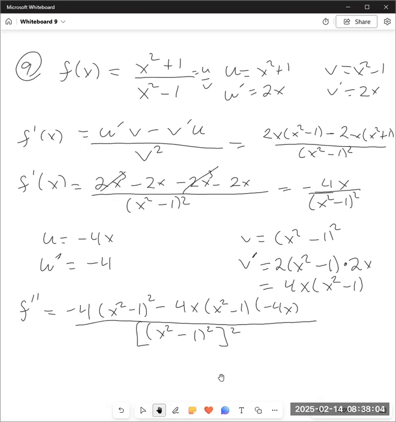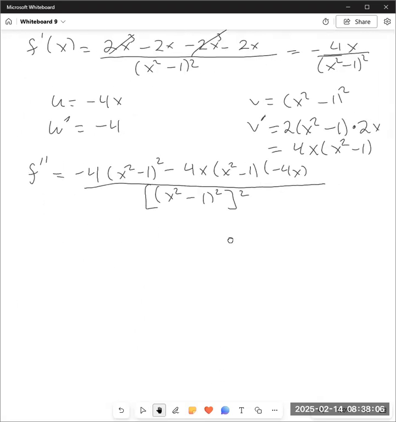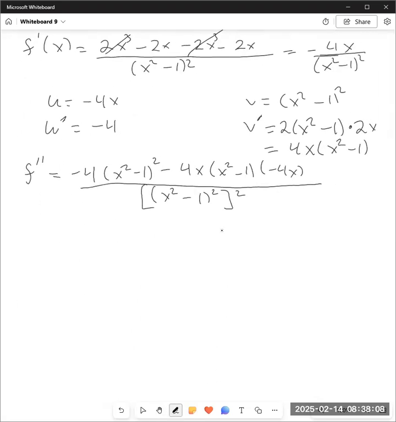I'm going to go ahead and do some factoring right away in the top to help me. I'm going to take out a negative 4, and I'm going to take out an x squared minus 1. And that leaves me with x squared minus 1 in my first term.